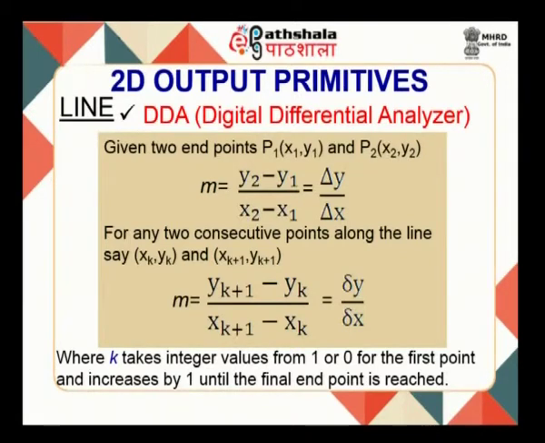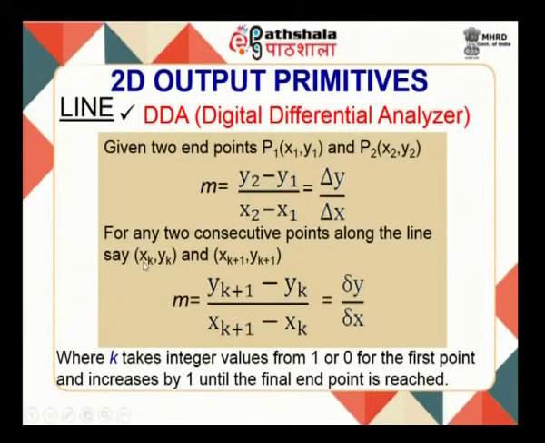Any two consecutive points along the line also satisfy the same property: if you compute the slope taking any two consecutive points on the line, it gives us the same slope. If you look at this second step, for any two consecutive points along the line, say (x k, y k) and (x k plus 1, y k plus 1), if you take the y difference divided by the x difference, we get delta y by delta x, which is the same.